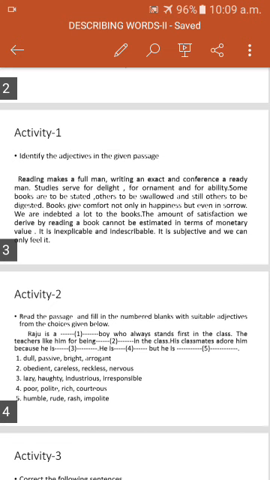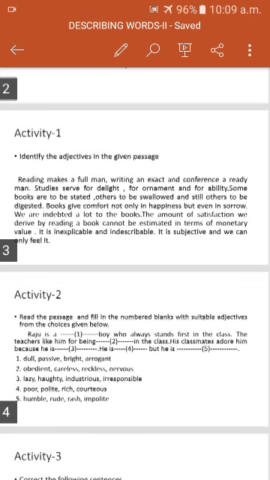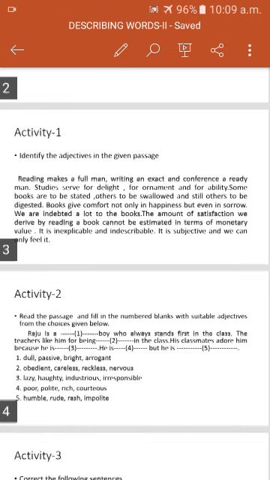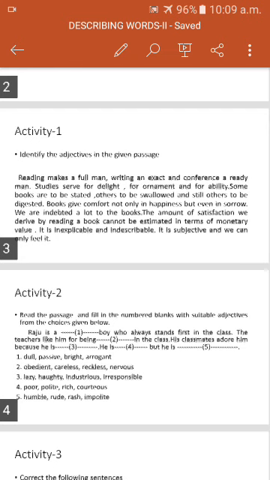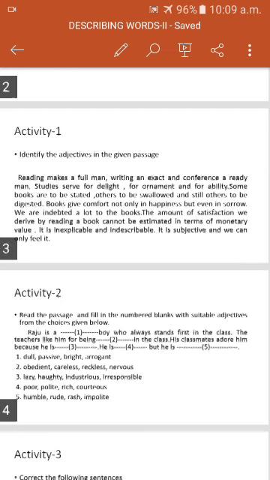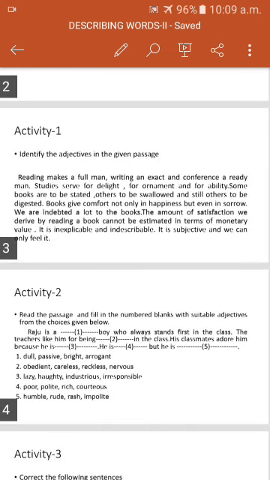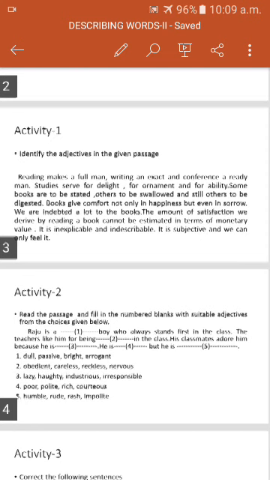First activity is, one passage is given. Read that passage and identify the adjectives from the passage. I read this passage. Reading makes a full man. Writing an exact and conference a ready man. Studies serve for delight, for ornamental and for ability.